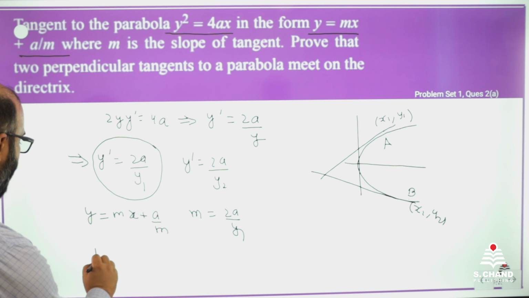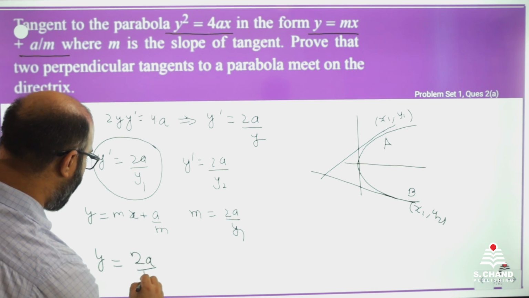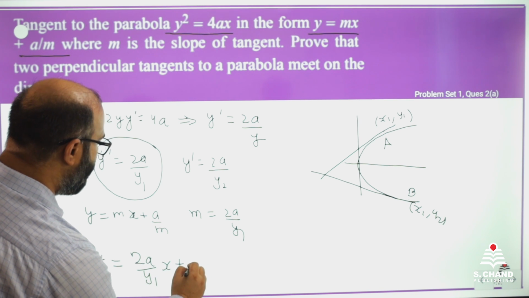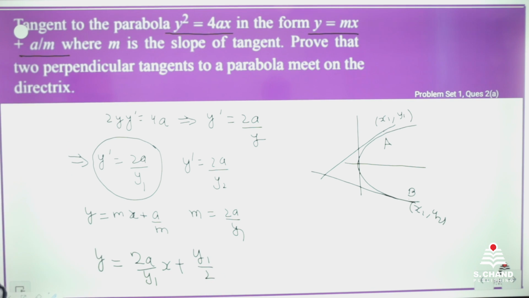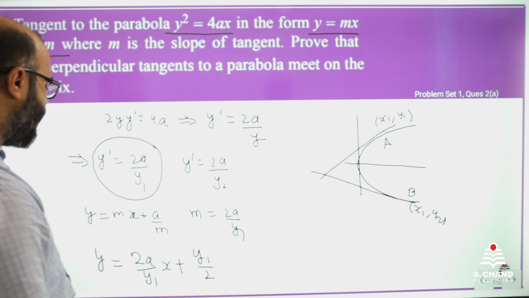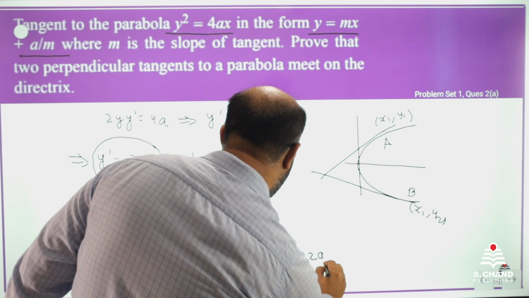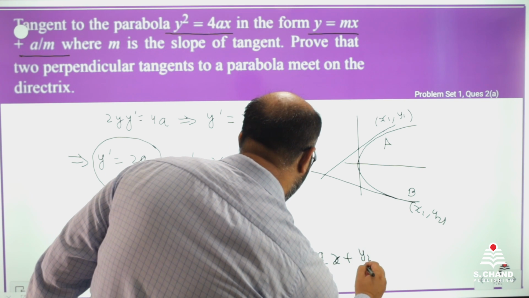So this will become y is equal to 2a by y1 times x plus, a will cancel, y1 by 2. It will become like this. Now another equation would be y is equal to 2a by y2 times x plus y2 by 2.